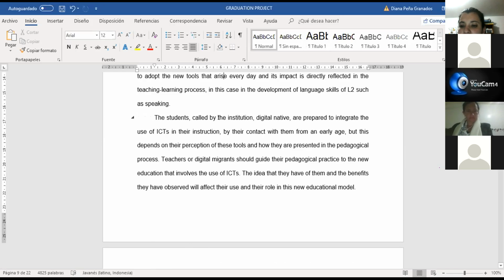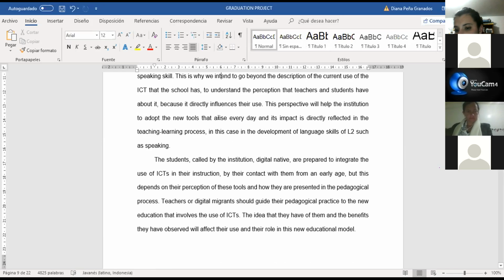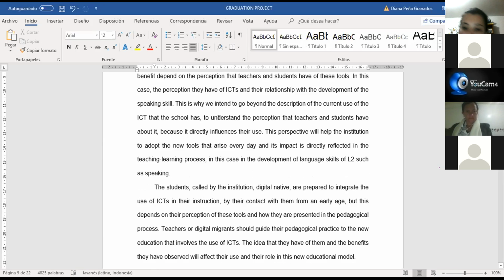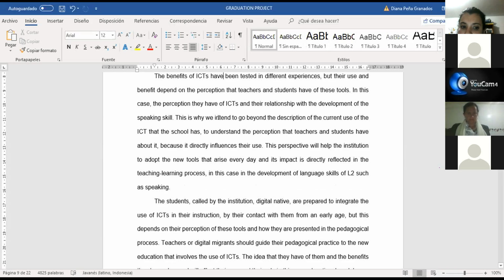So if they have all the theory documented, but they haven't tested if they are being applied correctly, and if they have impact on the learning process, in this special case in English. So that's why it is important, you see.